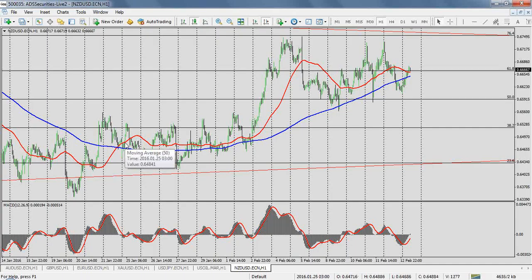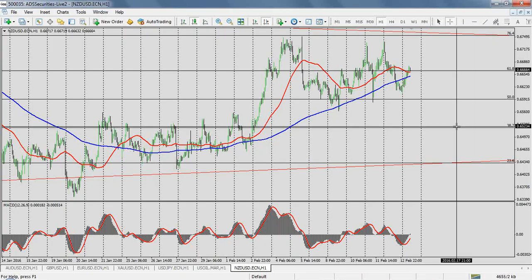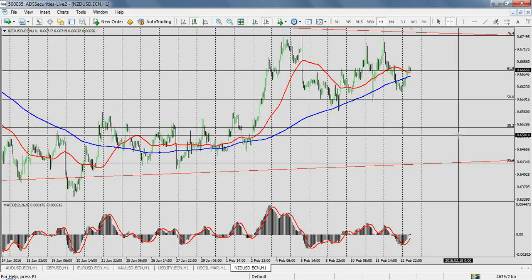So at the moment, we have that intact view, but just in case something happens fundamentally today and we see the pair going on a bearish movement, I would go ahead and place a buy limit order as well at the 0.6505 level.